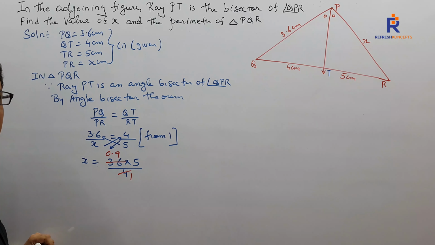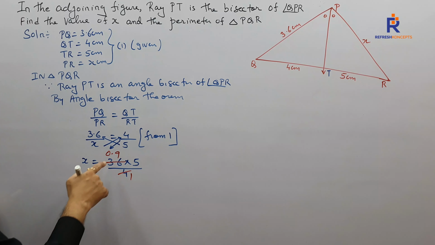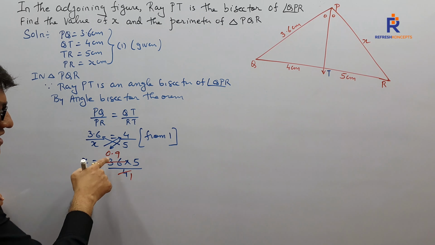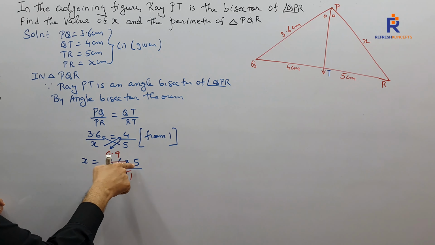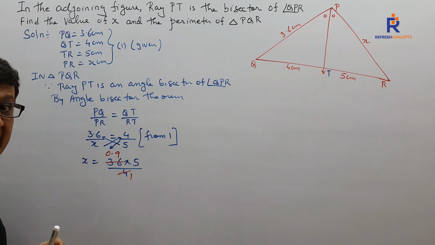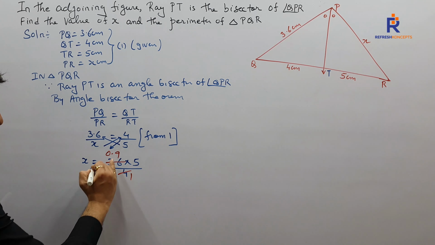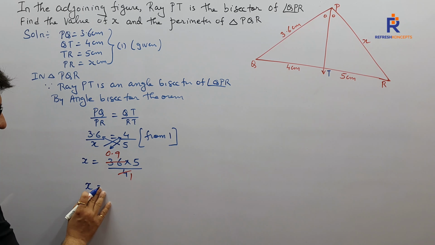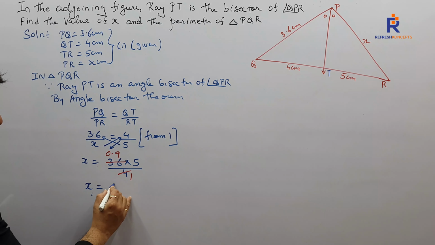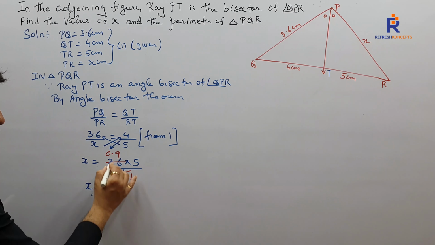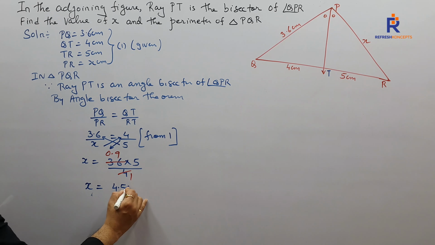I do it in this way. Now again ignore the decimal. Don't take 0.9. Just say 9 5s are 45. But now say it is 0.9, so 4.5 centimeter.